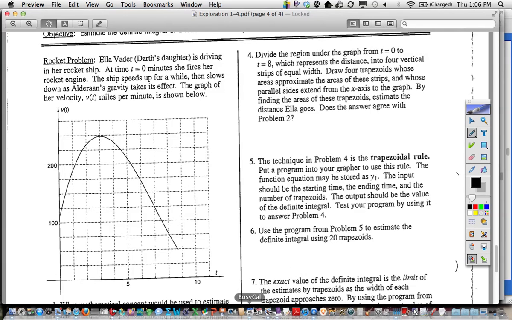And then when you get to number 5, you're going to use one of those things that I sent to you. It's called Exploration 4. Okay. So on number 5, it says put this program in your grapher. Well, I've sent that to you. Okay? All right, so I'm going to give you 10, 15 minutes or whatever to work here, get started on this, and then we'll kind of come back together and discuss.